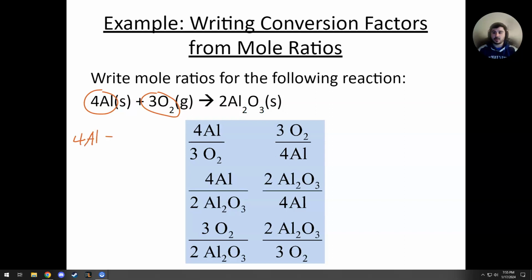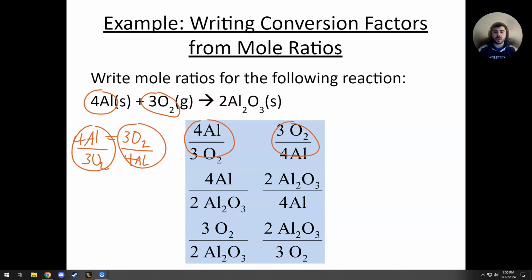You've got this unit equality of 4 moles of aluminum equaling 3 moles of O2. Make a fraction out of it: divide by 3O2 and divide by 4Al. And it's the same thing for the other ones.